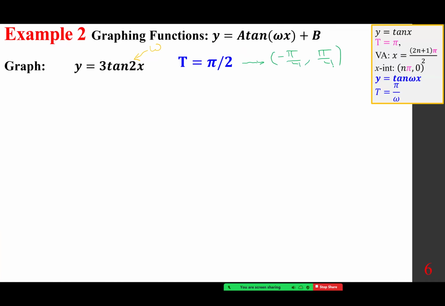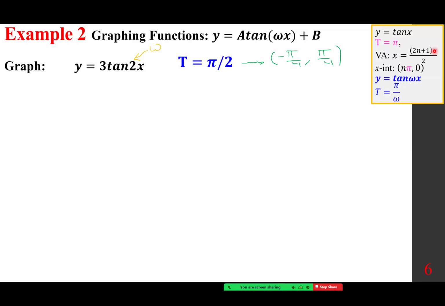And in essence, the vertical asymptotes, which were x equals pi over 2 and x equals minus pi over 2, are changing. So first, again, let's look at the vertical asymptotes here.